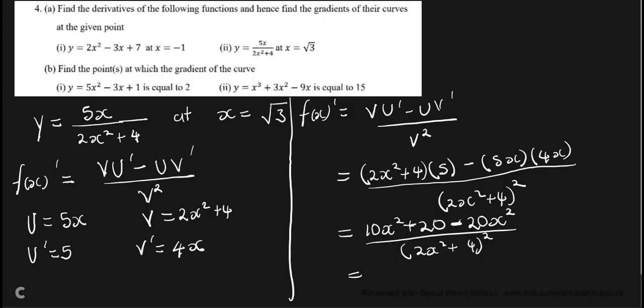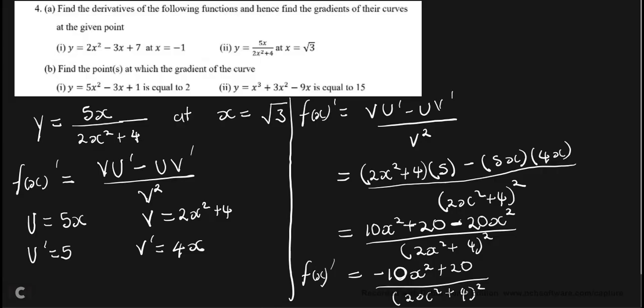Then 10x squared minus 20x squared, which is what? 10x squared plus 20 over (2x squared plus 4) squared. So this is what we call f prime of x.